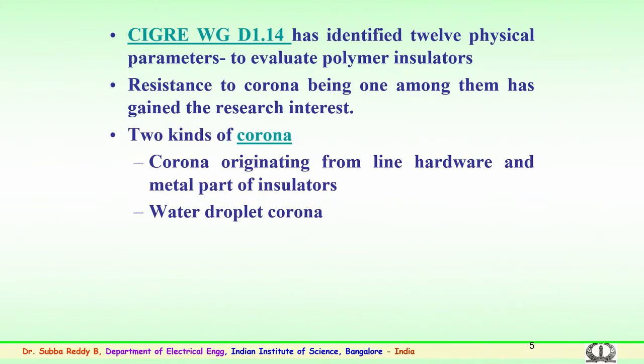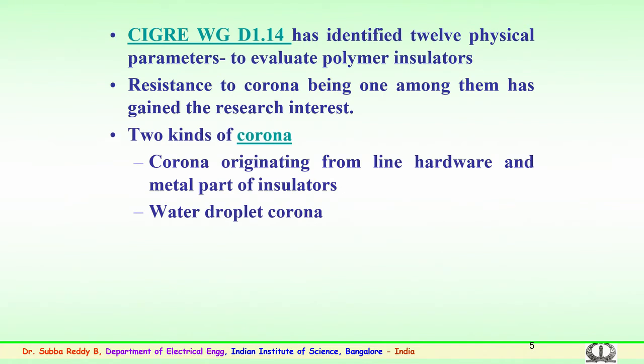The second is the water droplet corona. If the polymer insulator loses its hydrophobicity, its water repellent property, the droplet settles on the surface and a triple junction is formed on the surface near the conductor junction, where the corona due to the water droplet continuously may degrade the insulator over a period of time.